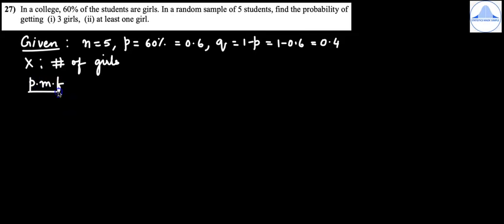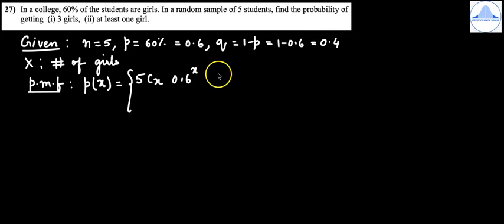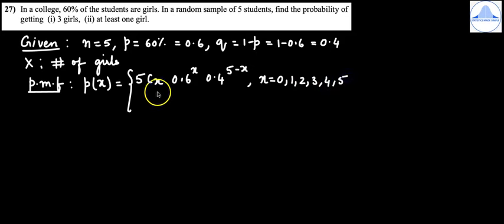Then we write the PMF. P of x is equal to 5Cx, 0.6 to the power x, 0.4 to the power 5 minus x. x takes values from 0 to n, so here x takes values from 0 to 5, and then we write 0 otherwise.